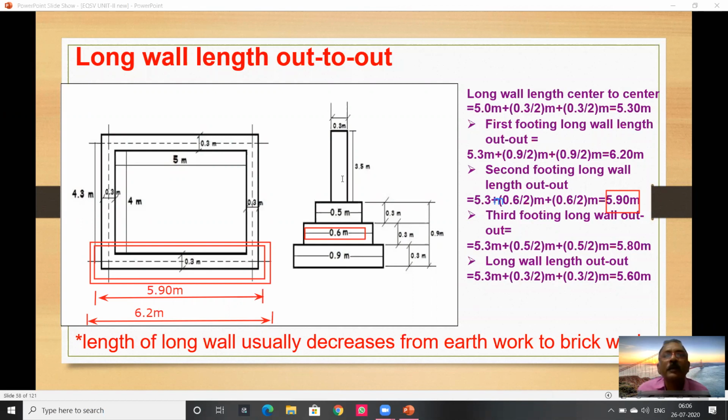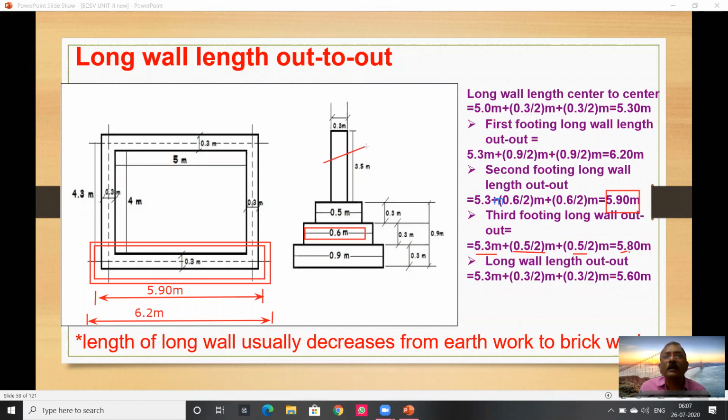As you come up to the superstructure, the long wall decreases from 6.2 to 5.9. Similarly, for the third footing, the same principle applies: 5.3 meters plus half of the width on one side and half on the other side, that is 5.8 meters. So the third footing is again 5.8 meters.